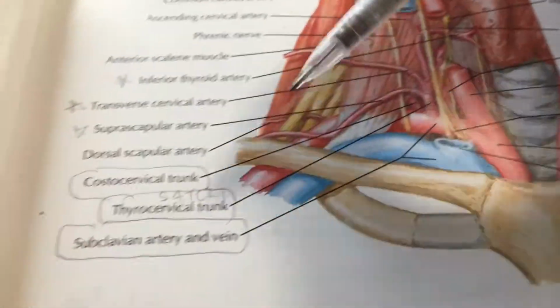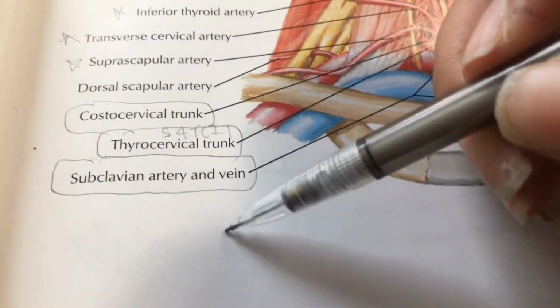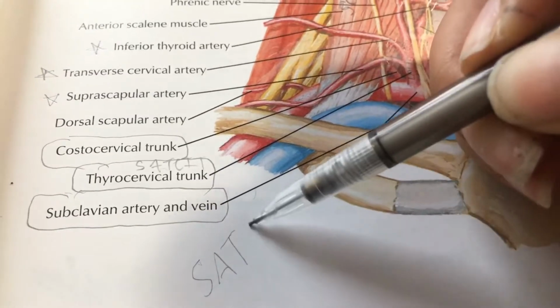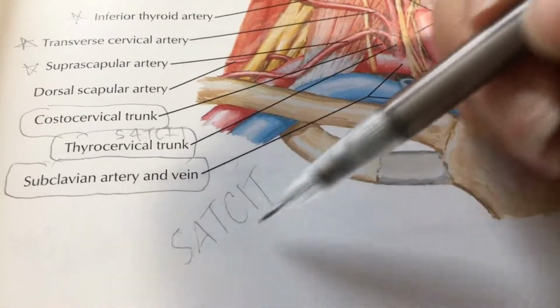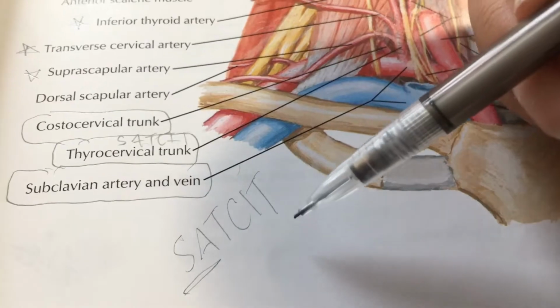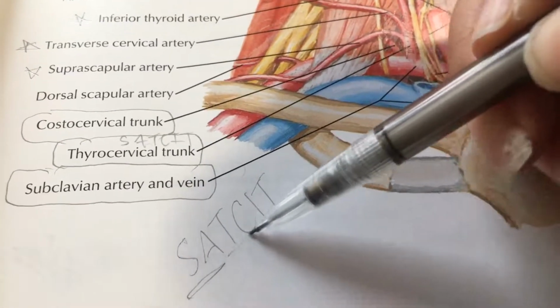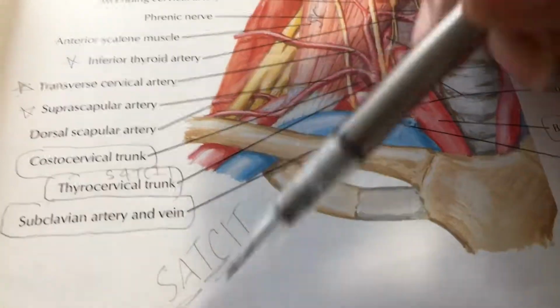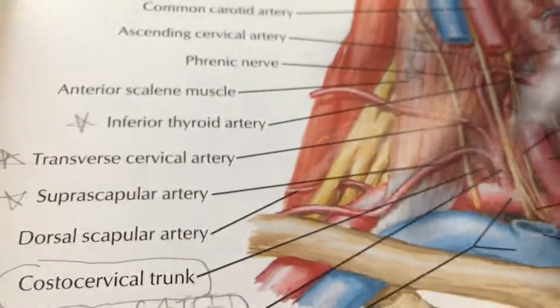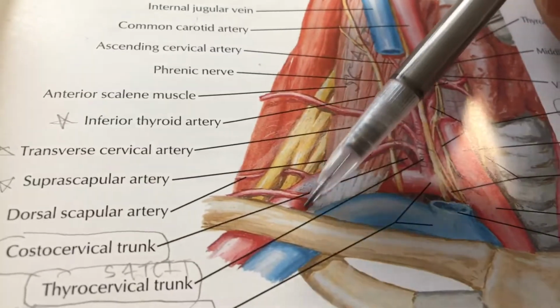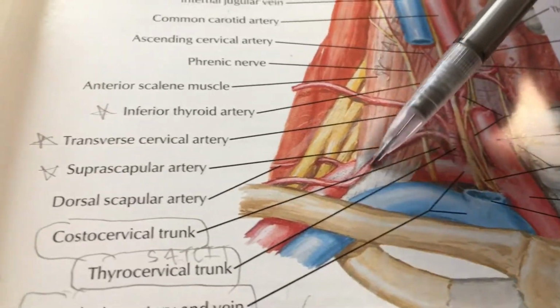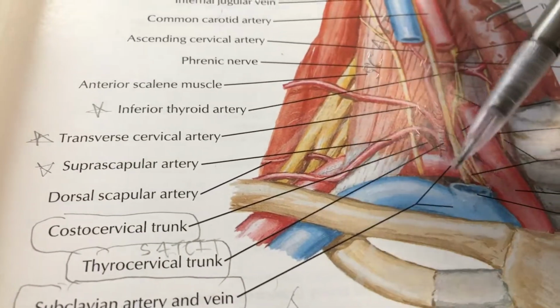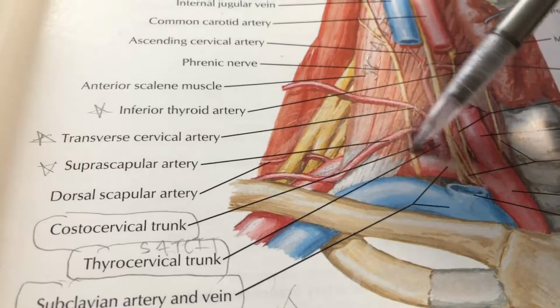I've got a mnemonic for the thyrocervical trunk, which is called SAT, SIT, SAT-KIT. So SA stands for suprascapular artery, TC stands for transverse cervical artery, IT stands for inferior thyroid artery. As you can see, one of the first branches of the thyrocervical trunk is the suprascapular artery, which goes down this way towards the shoulder.